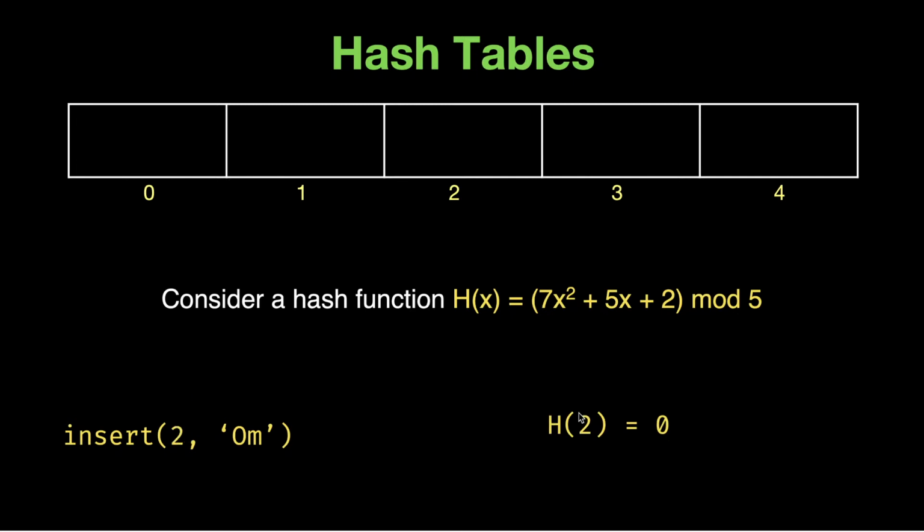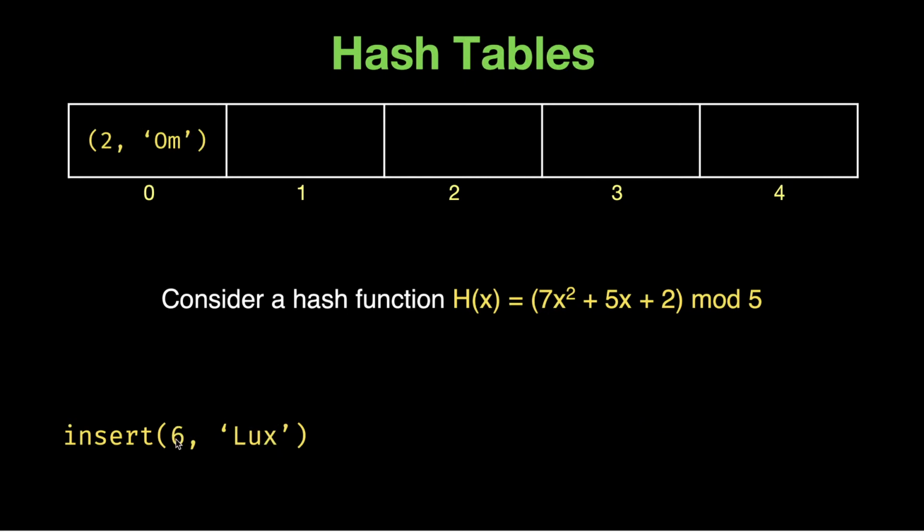So we pass 2 inside our hash function, so x equals 2, and we compute 7 times 2 squared plus 5 times 2 plus 2, and we calculate the remainder of that division by 5. We calculate it to be 0. Then our (2, ohm) will go to the 0th index in our hash table.